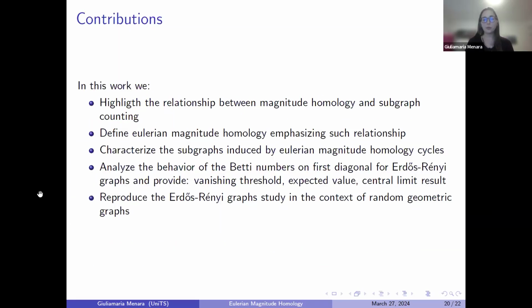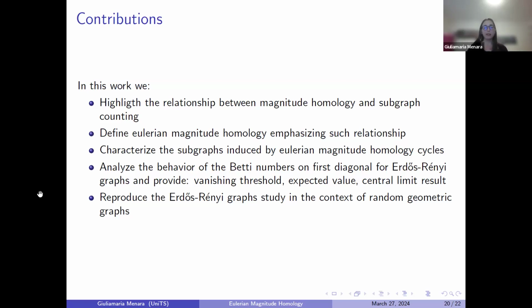And so, to finish, our contributions in the paper were, first, to highlight the existing relationship between magnitude homology groups and the subgraph counting problem, and then, building on this observation, to define Eulerian magnitude homology to emphasize this relationship.